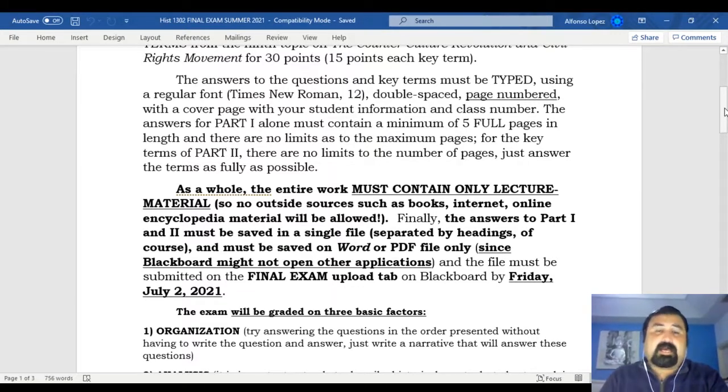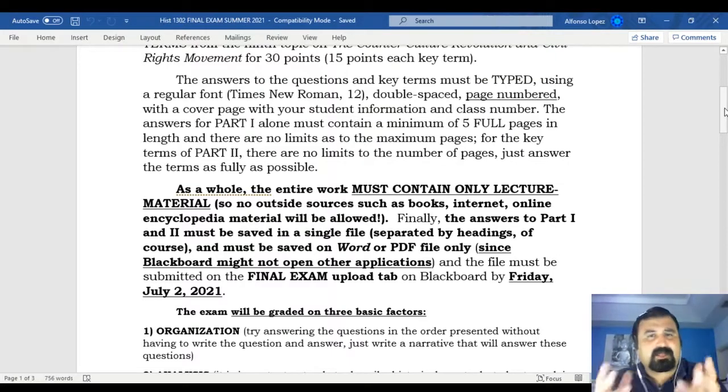It's very important, because if I start reading something that I did not present, it's going to affect your grade. It all depends how much I see. If it's substantial, your work will be disqualified, period. Otherwise, there will be significant points taken off.